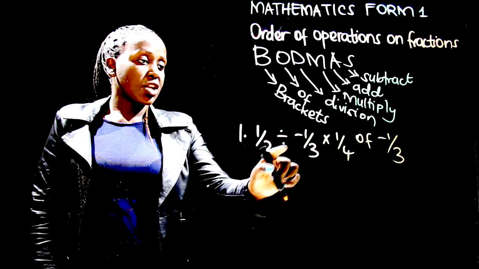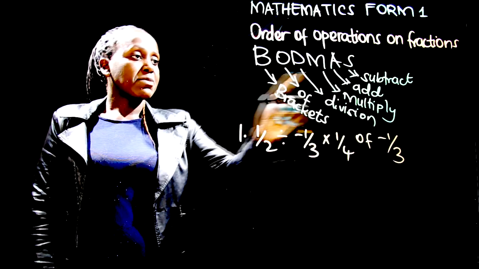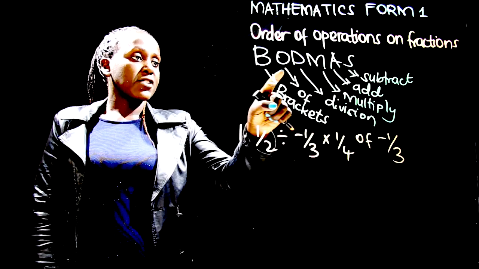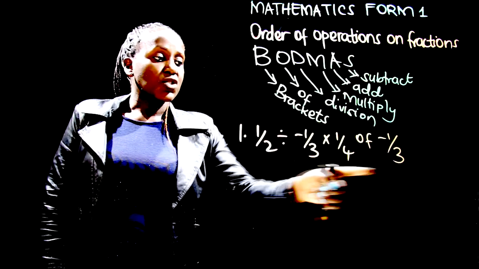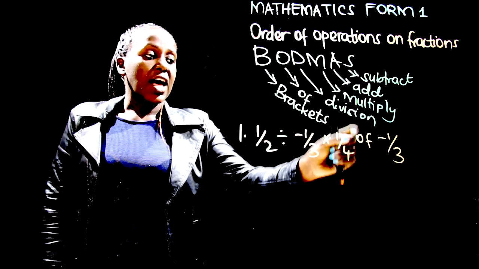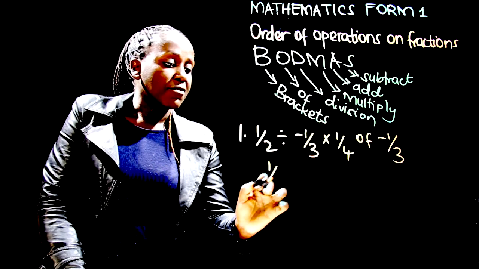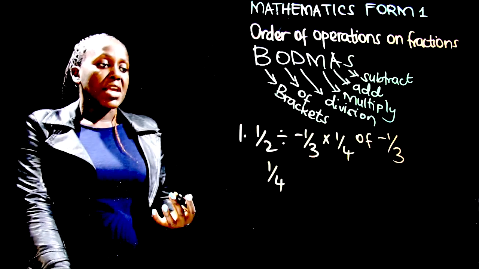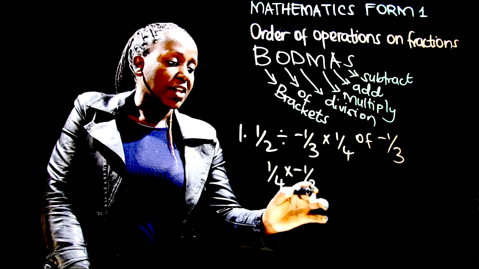We have division, multiplication, and then of. So which one comes first in the list? Brackets, of. So of is there. So we begin with the two fractions that have the operation of. So we have 1/4. Now what does of mean? Of means you multiply, so times -1/3.